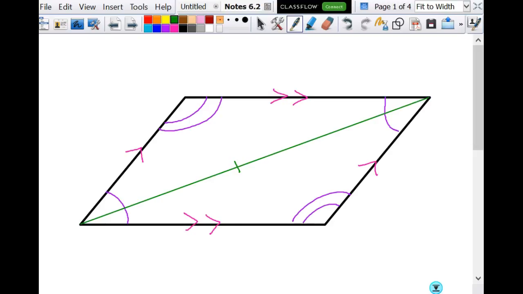Then if I look at the top and the bottom as my parallel lines and this diagonal as the transversal, then is this angle right here congruent to any angle that we have? Yes, I've got what kind of angle pair? Alternate interior angles. Very good. So these two would be congruent, right? So then, is that enough to prove that the two triangles are congruent?